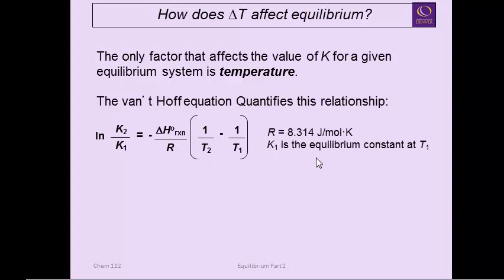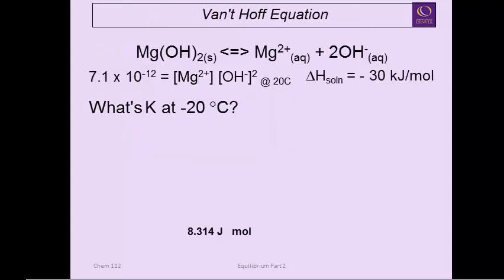In this case, R is 8.314 joules per mole K. I want to point out there is a negative sign on here, and also how things correlate. K1 correlates with T1, and K2 correlates with T2. That's the setup for this equation. And you can assign whichever T1 and T2 you want, just so long as you keep the temperature associated with the equilibrium constant together.